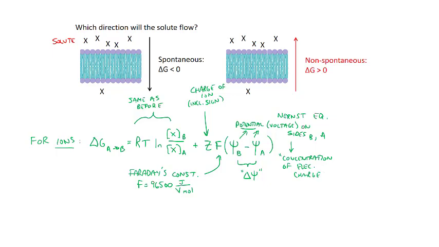That's not actually what voltage is. Voltage is energy per unit charge, but you can think of it as the concentration of electrical charge on side B or side A. So if your psi B, let's say, is negative, that means that you've got excess negative charge on side B, for example.